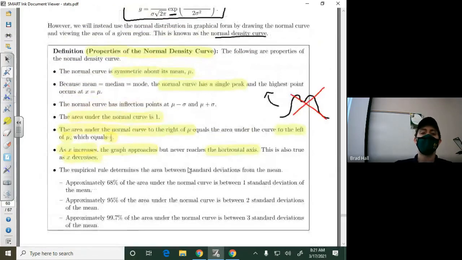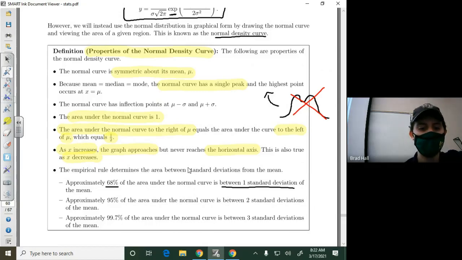And then with all of this going on, the empirical rule is still in effect. The empirical rule is going to help us out a little bit here. And what the empirical rule says, I went ahead and just summarized it here. 68% of the area is between 1 standard deviation, 95% between 2, 99.7 between 3.